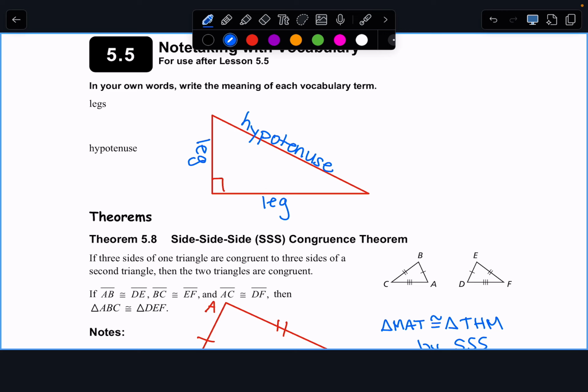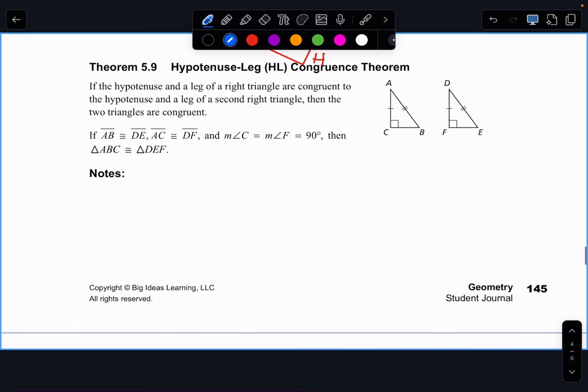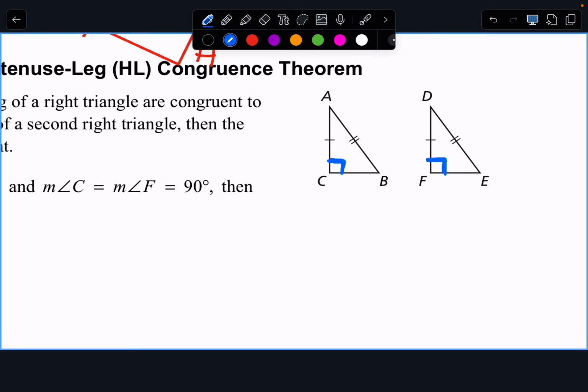Okay. So our third shortcut is what we call the hypotenuse leg congruence theorem. If in 2 right triangles, so number 1, they need to be right triangles.